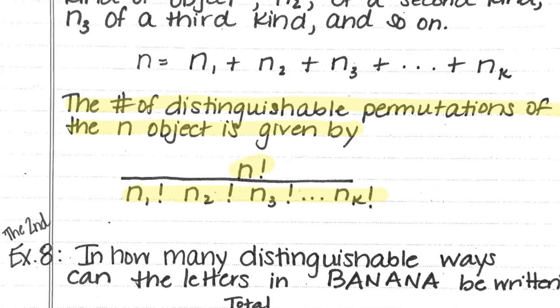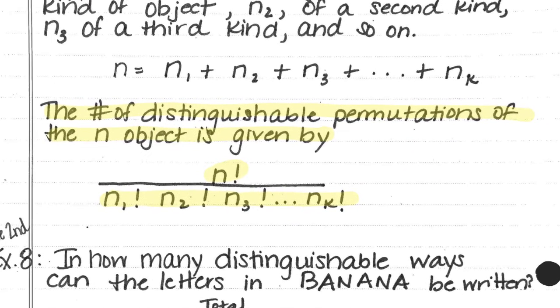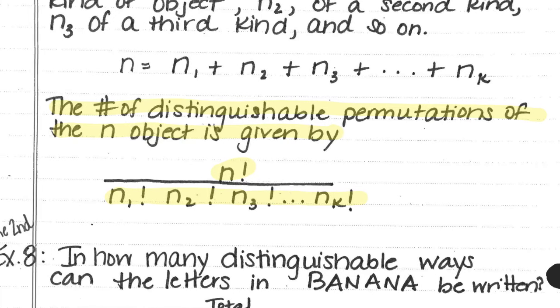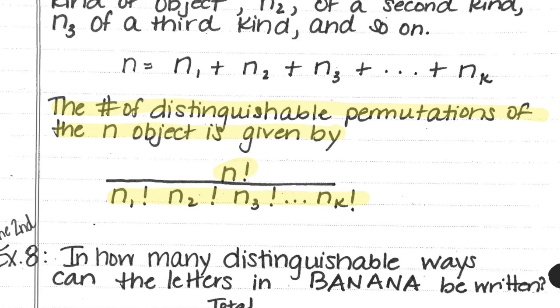Okay, we're looking at the word banana. It says, in how many distinguishable ways can the letters in banana be written? So we're going to take 1, 2, 3, 4, 5, 6 factorial, and I'm just going to write that out.